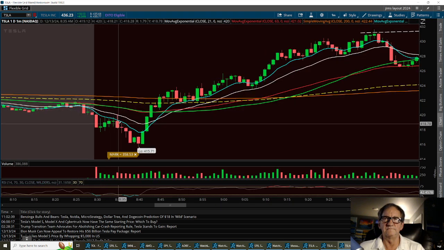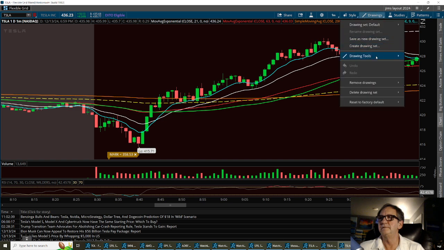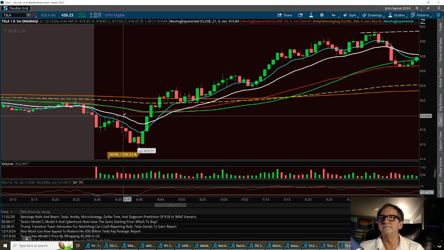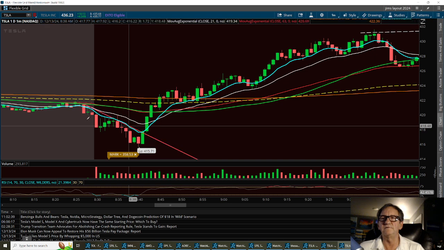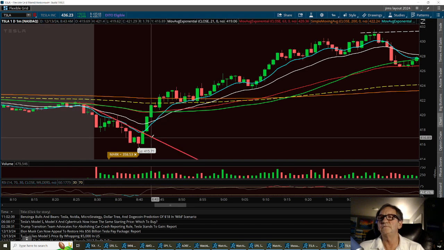So we had a snake right here. Take the body of that candle, run it up to the body of that candle.